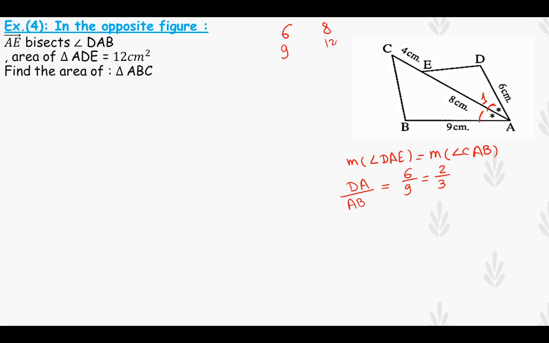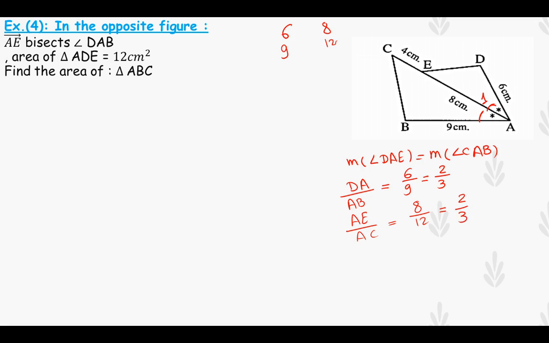And the bigger side over the bigger side, 8, which is AE, over the bigger side in the other triangle, which is 12 centimeters, AC. Its ratio will be 8 over 12. Put it in the simplest form, divided by 4, it equals 2 over 3.